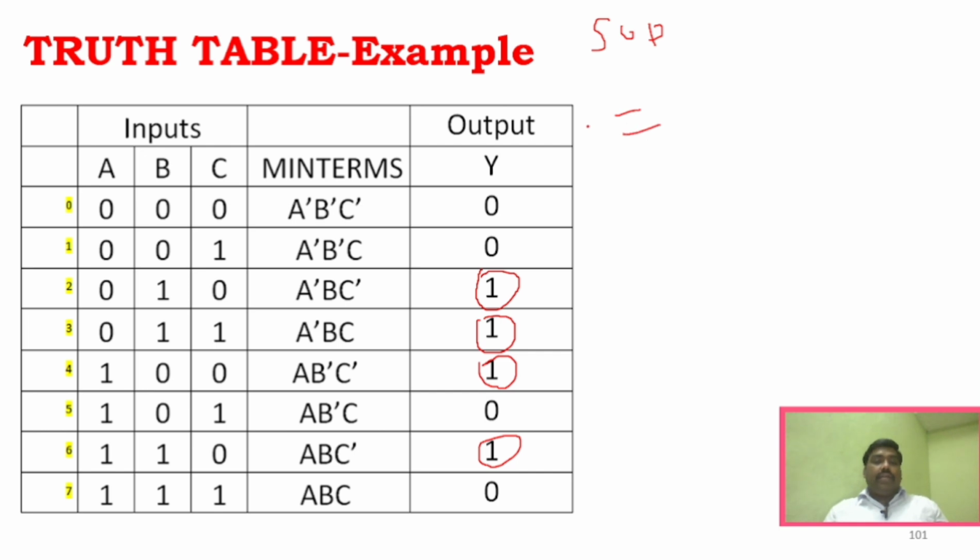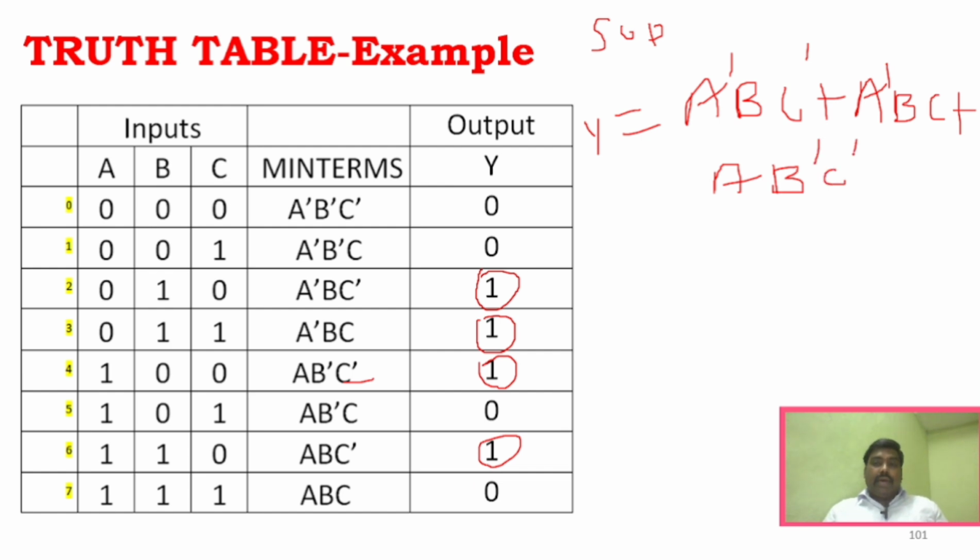You see here, I consider this Y. Y is equal to, I consider this one, A bar, B, C bar, correct? This term, and then this term plus, because we know that it is sum of product, this A bar, B and C. And similarly we consider this one, which is plus A, B bar, C bar, correct?